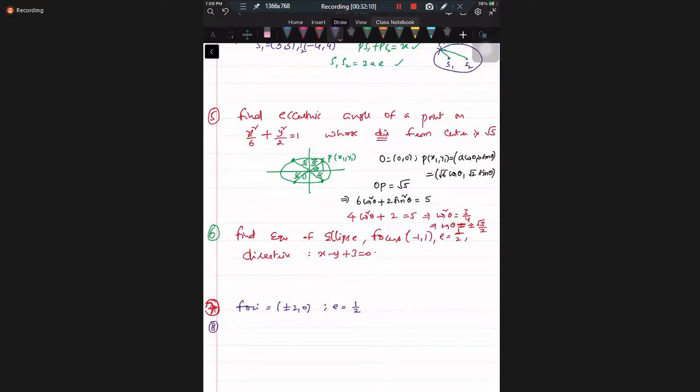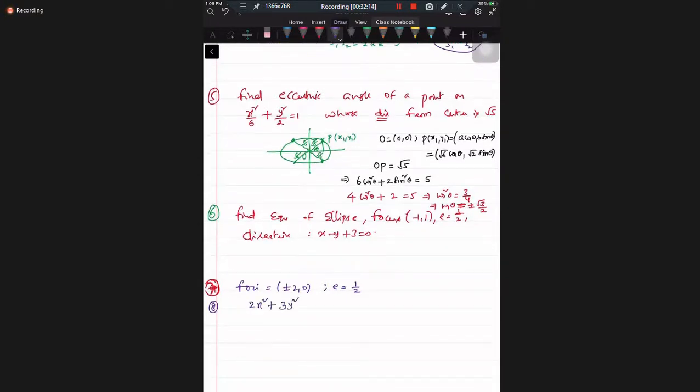Now, can you find out? You can make it like a combination like this. Check once, students, all of you.